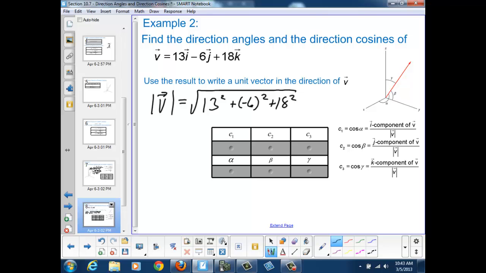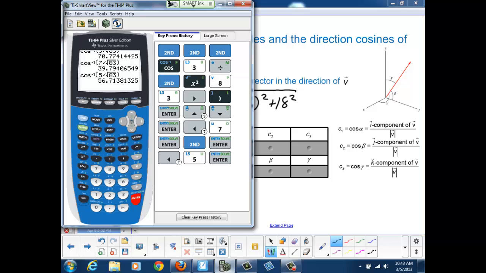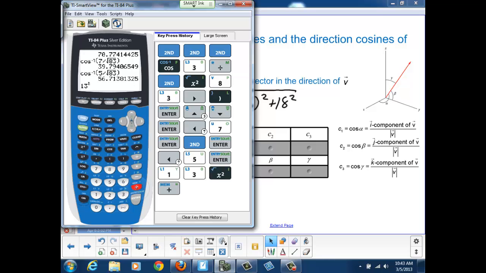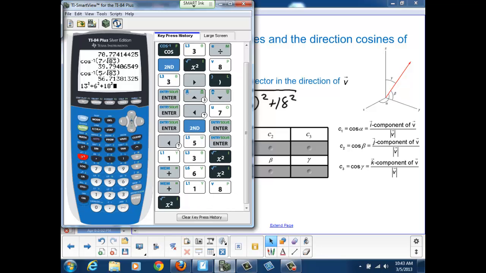Let's pull out our calculators for that one. It's a little impressive for mental math. So 13 squared plus 6 squared plus 18 squared gives me 529.